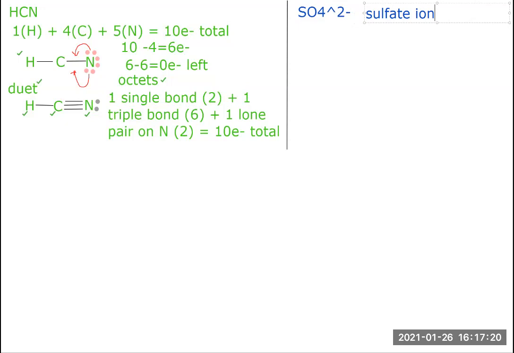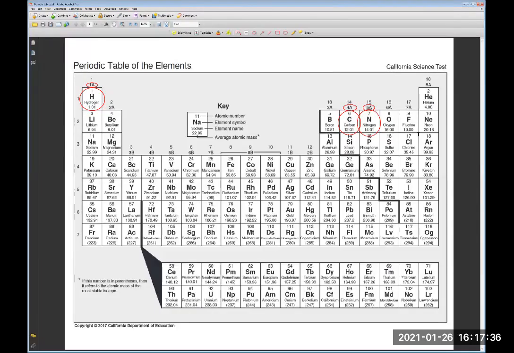Let's look at the periodic table to know how many valence electrons we have to distribute. So we have oxygen from group 6A, and we have sulfur also from group 6A. So they both have the same number of valence electrons to start with. And again, they are both nonmetals, so those are covalent bonds between them.